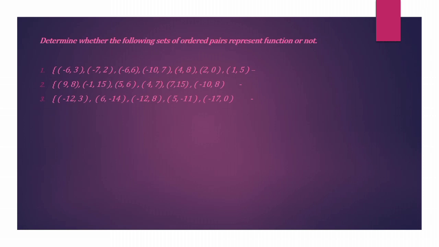Next, negative 12, 3, 6, negative 14, negative 12, 8, 5, negative 11, negative 17, 0. So if you have your ball pens and paper with you, try to answer these questions.